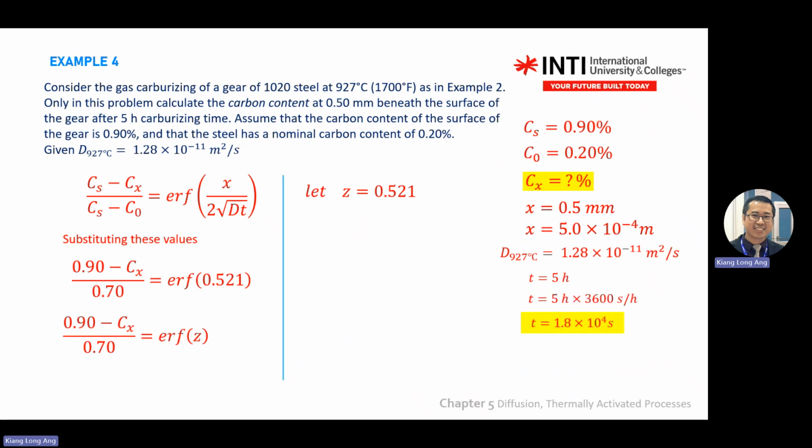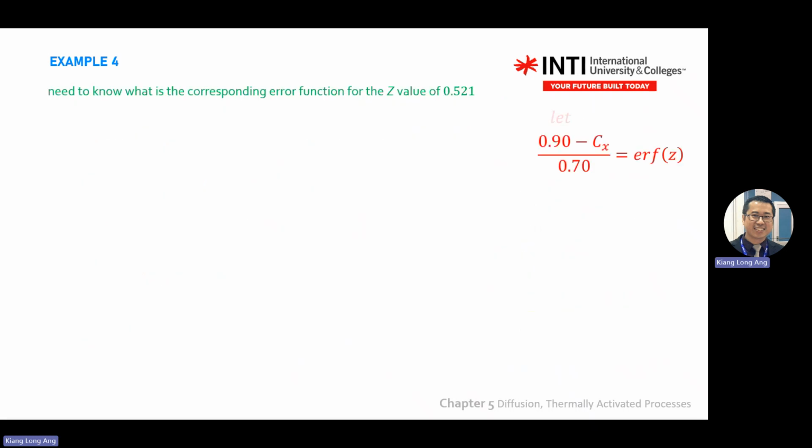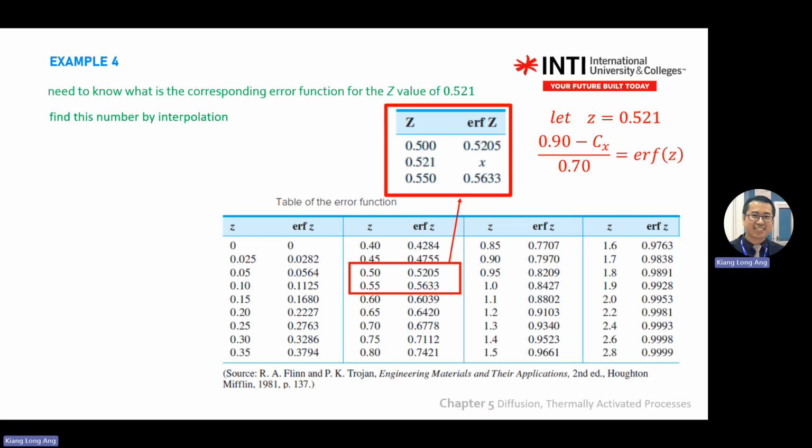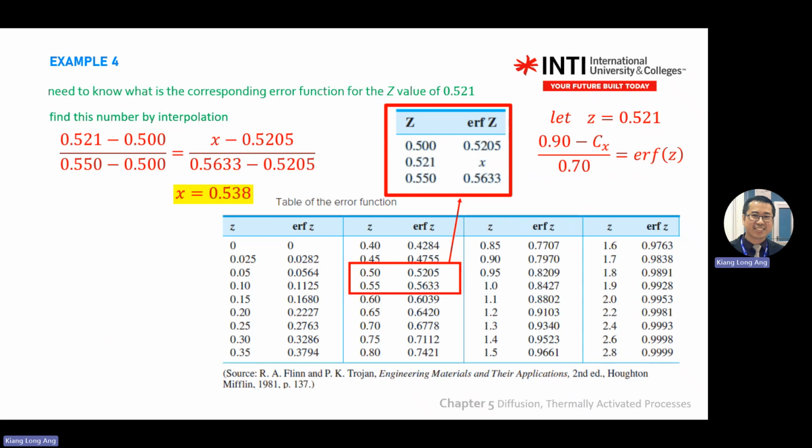So from the table, do interpolation. We find your erf z equal to 0.538, about 0.54.